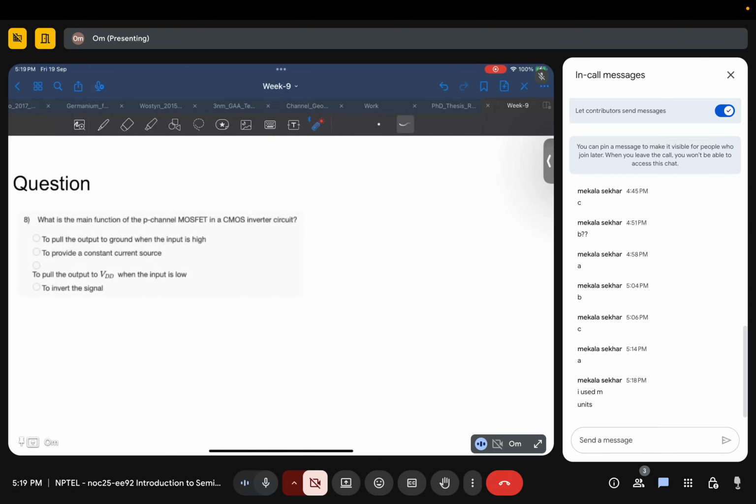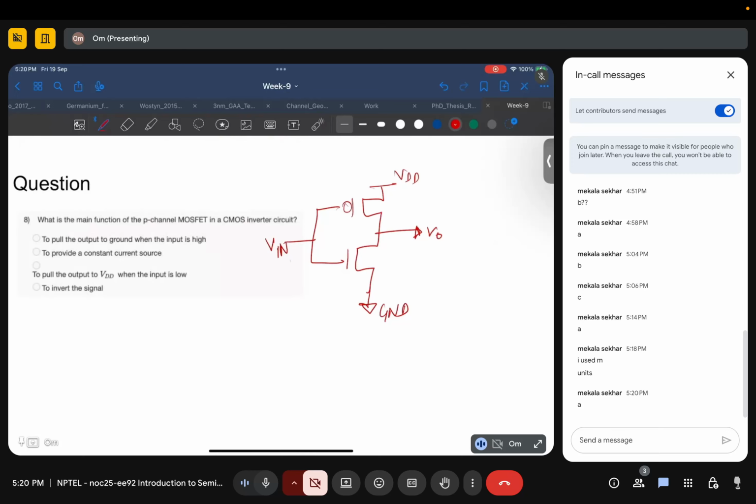Next question. What is the main function of P-channel MOSFET in a CMOS inverter circuit? So if we have a CMOS inverter circuit, here we have input, this is output, this is VDD, this is ground, this is PMOS, and this is NMOS.